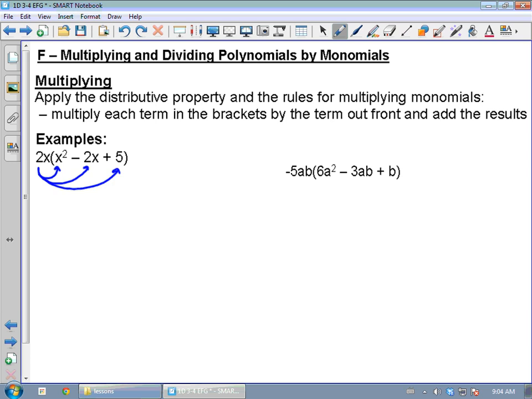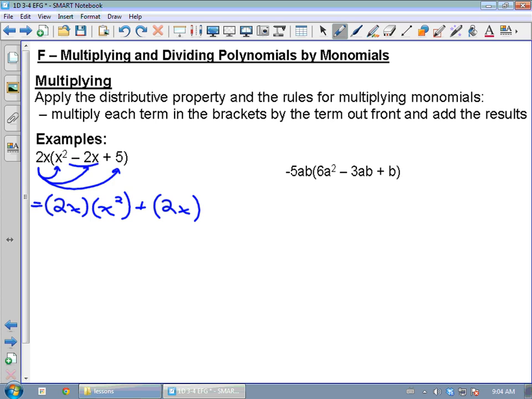So let's just write out what we're going to have. First step is going to be, we're going to have our 2x, which is out in front. We're going to multiply it by our first monomial in the brackets, x squared, our first term in the brackets. We're going to add. Our next step, we're going to take our 2x again, multiply it by the next term in the brackets, negative 2x.